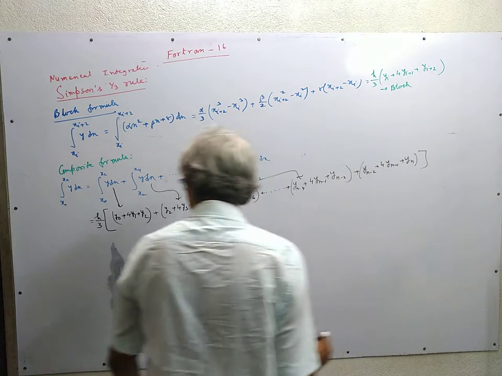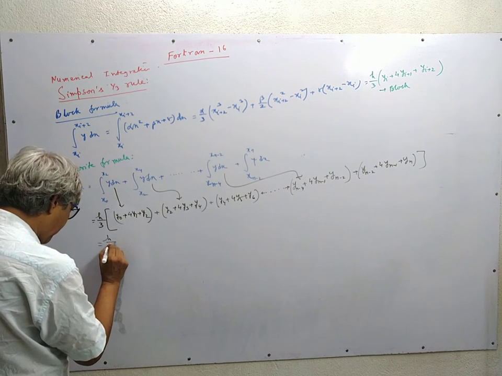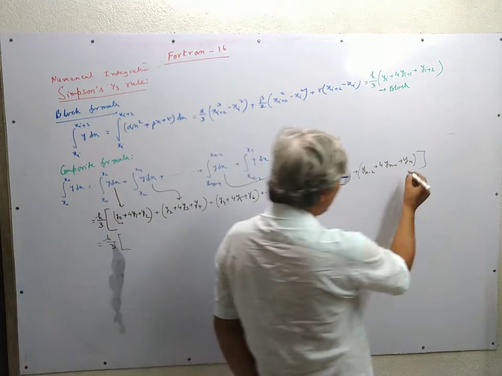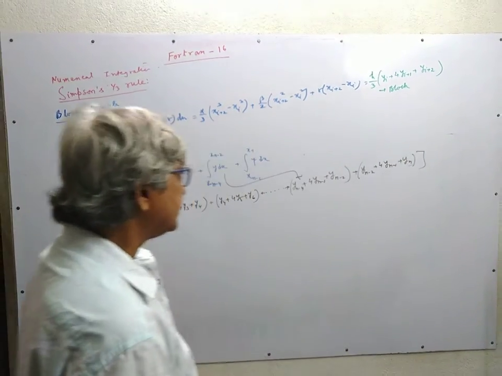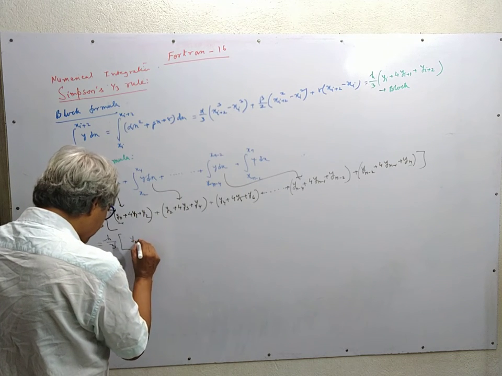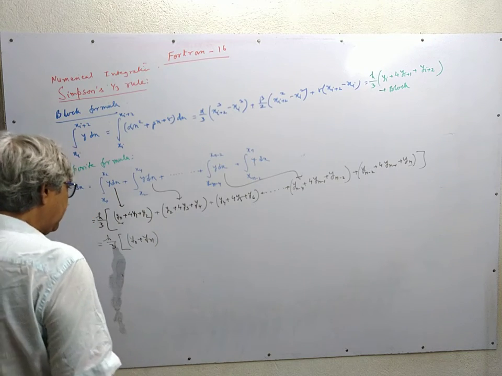If we now collect all the terms, you see that y0 and yn come only once. There are no other occurrences of y0 or of yn, so this is y0 plus yn.